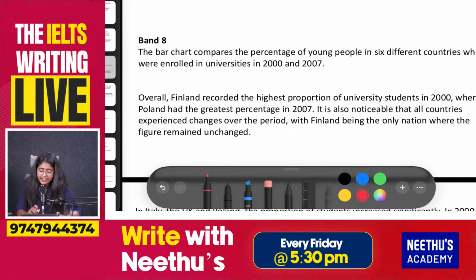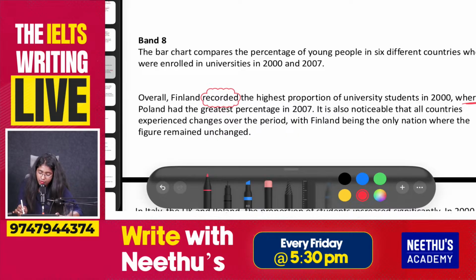Overall, Finland recorded the highest proportion of university students in 2000, whereas Poland had the greatest percentage.